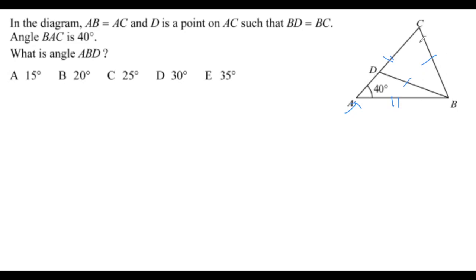But we do know that it's part of the isosceles triangle ABC, with AB equals AC. So the base angles, ABC and ACB, must be the same. Since all the angles in a triangle add to 180 degrees, each of those base angles must be 70 degrees, because 180 is 40 plus 2 times 70.